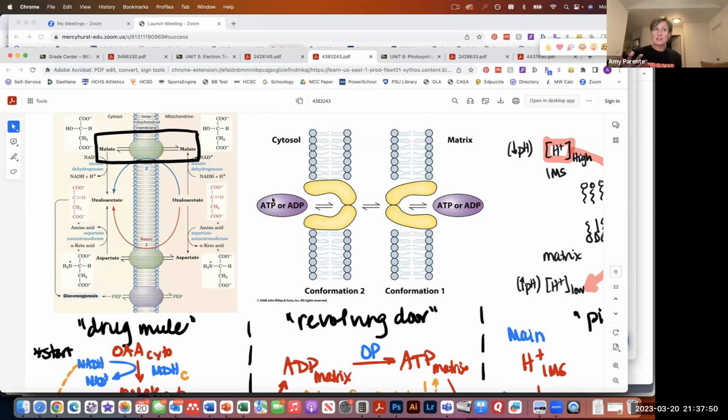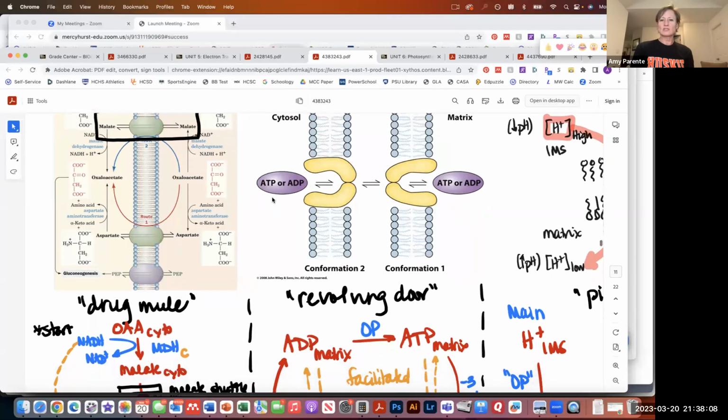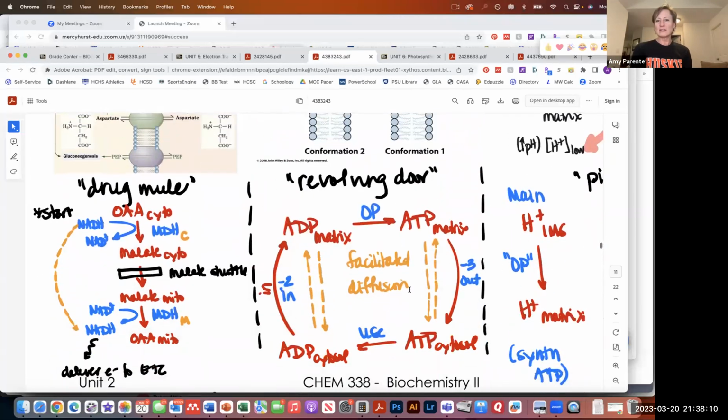Now, the good news is that these are likely to move in the direction that they're needed, because if we're doing ATP synthesis, we're going to be making a lot of ATP in the matrix, and it's going to easily flow out because we don't have it out in the cytosol, which is where we need it. And similarly, this is just a revolving door that works in a facilitated diffusion way.